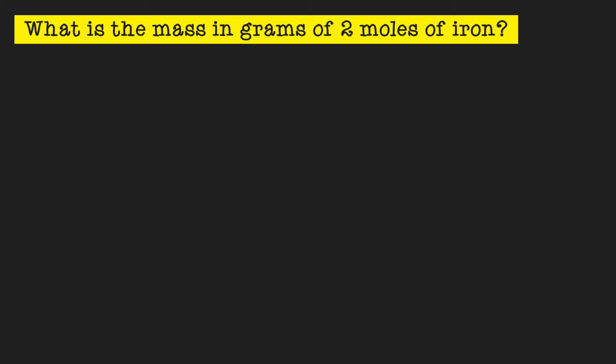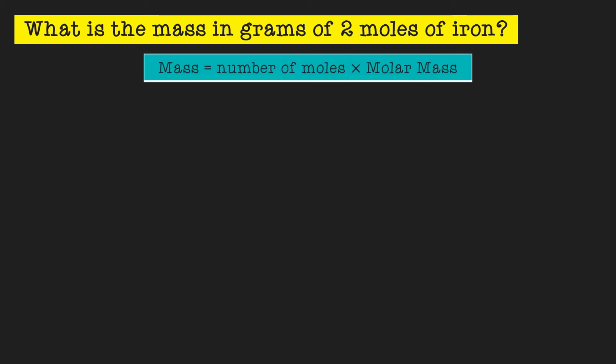Let us try this example. What is the mass in grams of 2 moles of iron? To find the mass, use the following formula. Mass is equal to the number of moles times the molar mass of the substance.